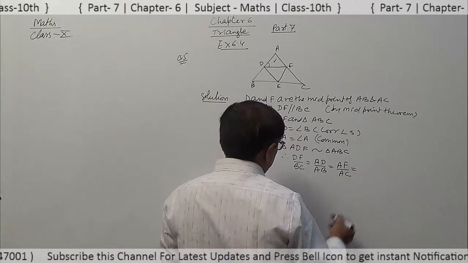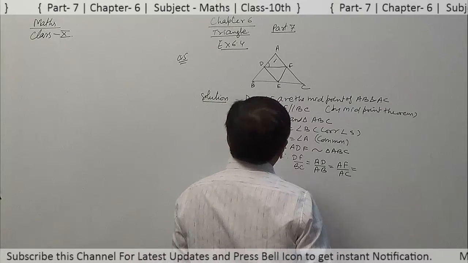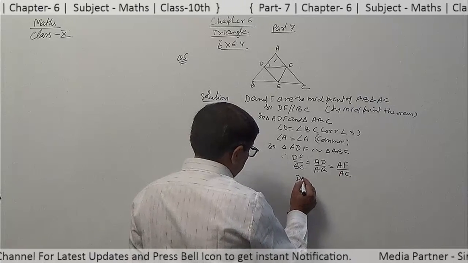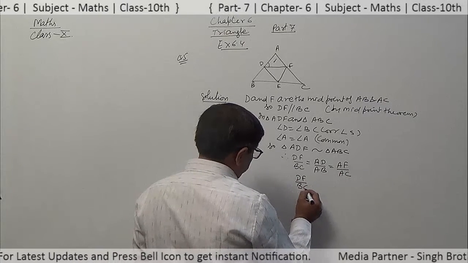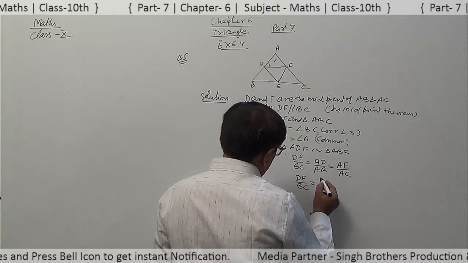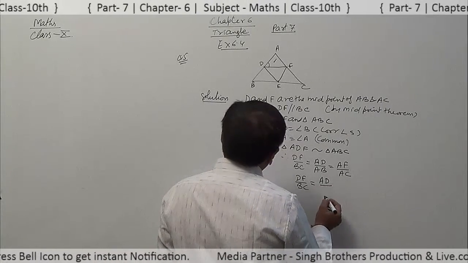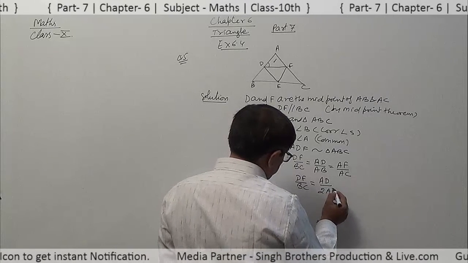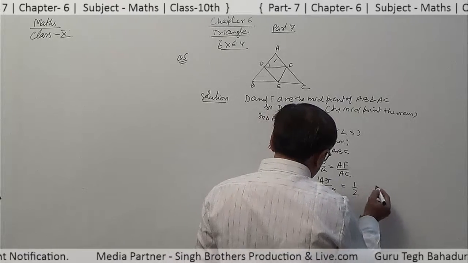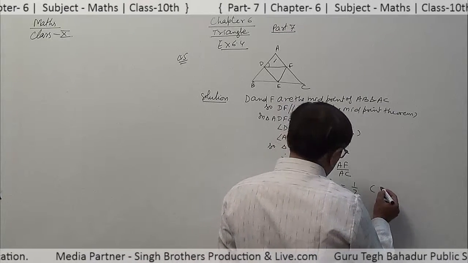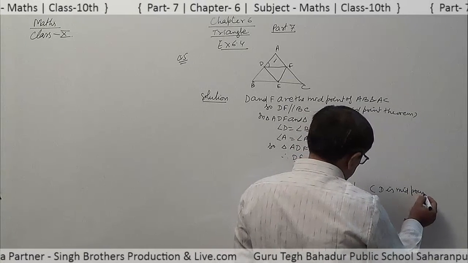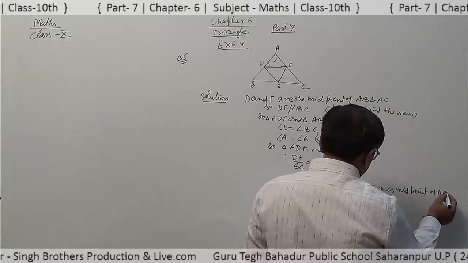So DF upon BC is equal to AD upon AB. AD is half of AB, or you can say AB is twice AD. AD cancels, so it is 1 upon 2, because D is the midpoint of AB.